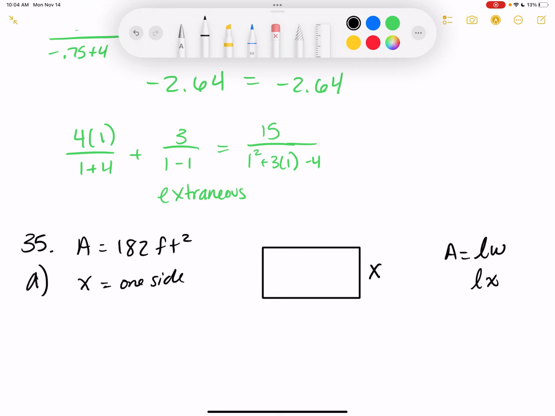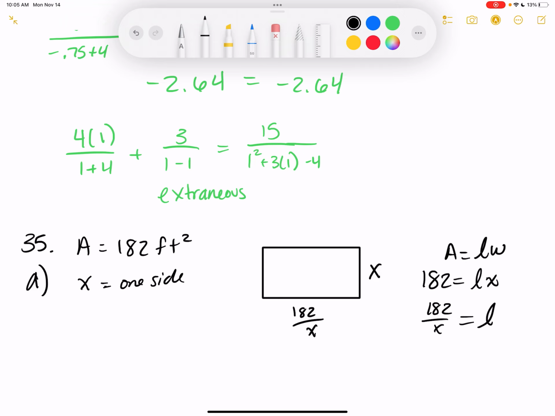Now, the area was given to us to be 182. So we have 182 is equal to L times x. So 182 over x equals L. So my other side is 182 over x.